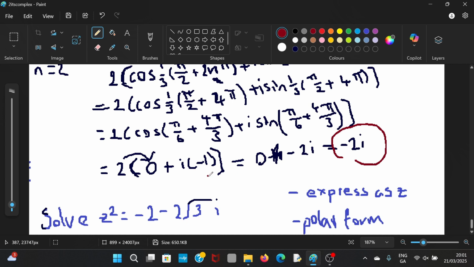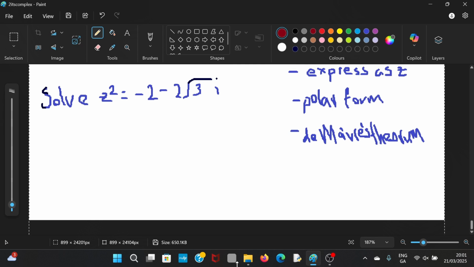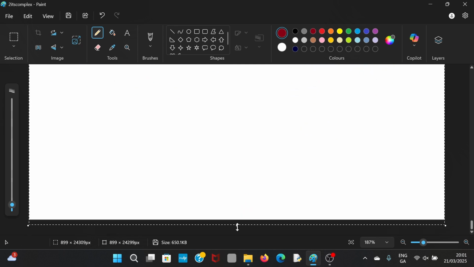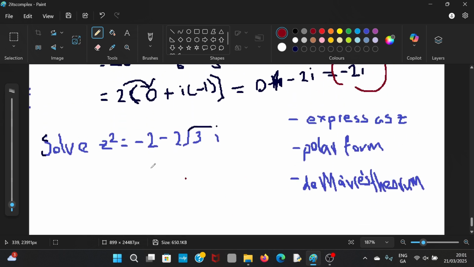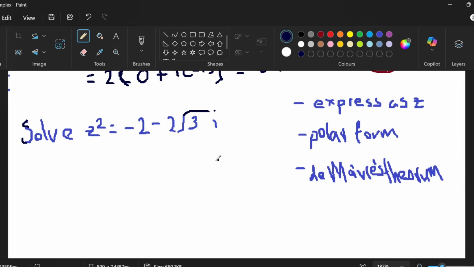Because this may seem a little complex, we're going to solve one more question. This time, we're asked to find the square root of minus 2 times the square root of 3I. So again, we're going to get this number into polar form.